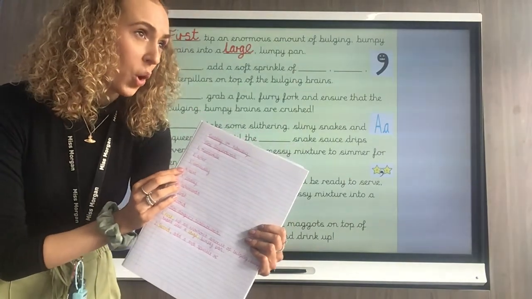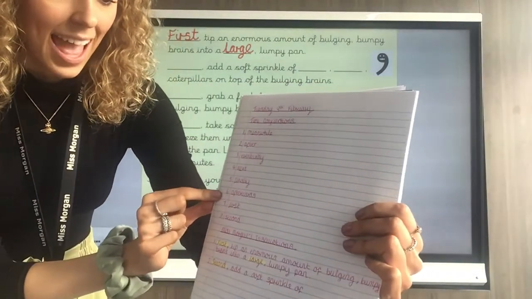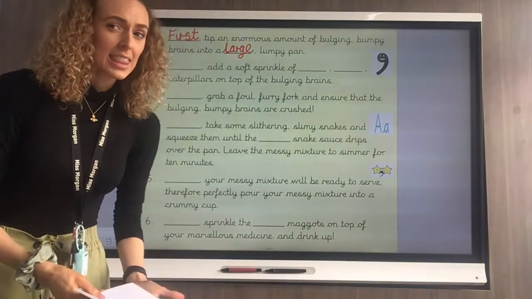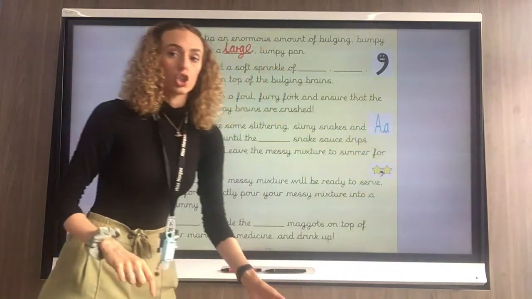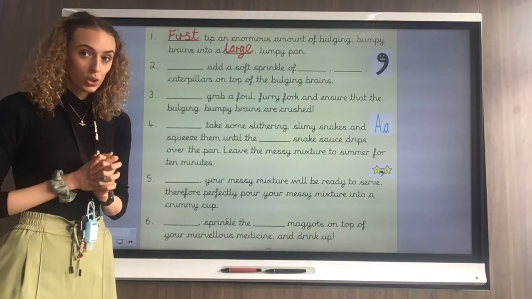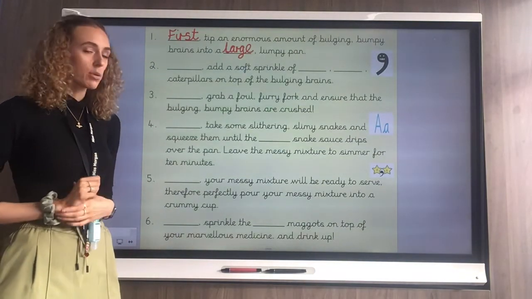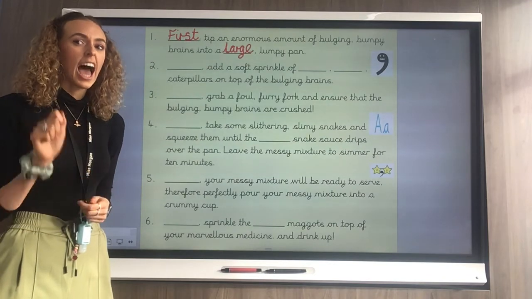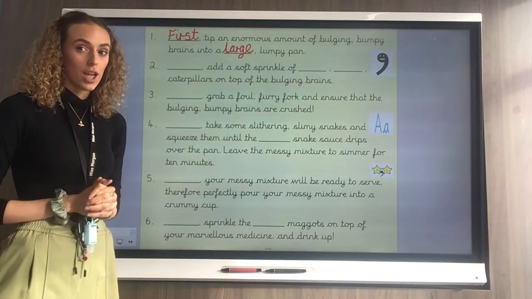I mean, you could, but what would be a better choice at the end? Okay, so really think about what is the most appropriate time conjunction to use. Okay, so hit pause on the video now so that you can copy my instructions out in your neatest handwriting, and don't forget to highlight or underline your missing words, okay?